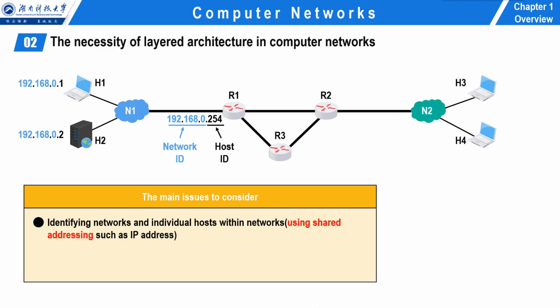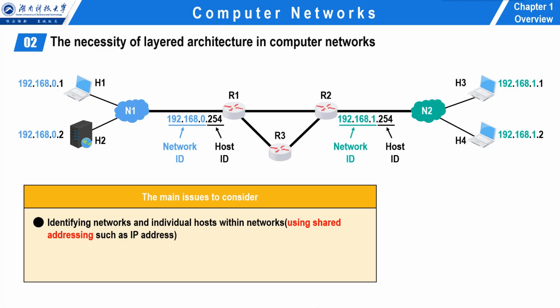Similarly, we have assigned corresponding IP addresses to hosts H3, H4, and router R2 connected to network N2. Please note that the network number assigned to network N2 is 192.168.1, which is different from the network number 192.168.0 assigned to network N1 because they are different networks.